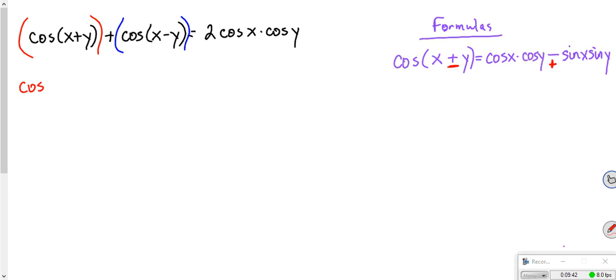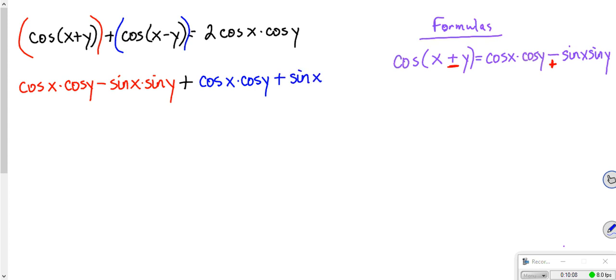I've got cosine x times cosine y minus sine x times sine y, and then plus, now in blue is my difference formula, cosine x times cosine y plus sine x times sine y.